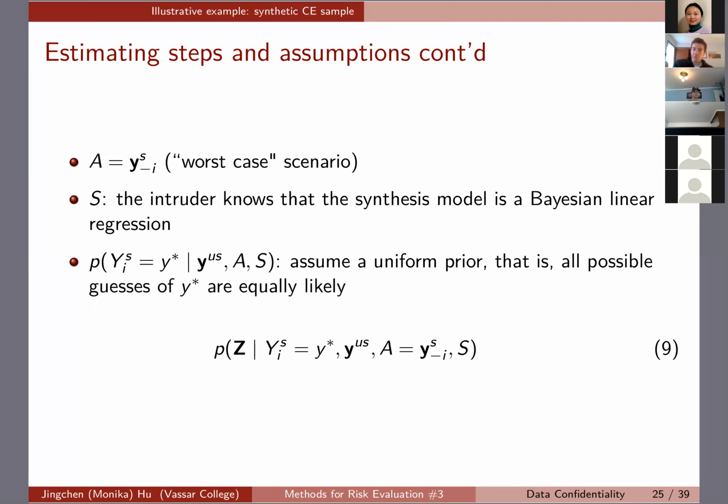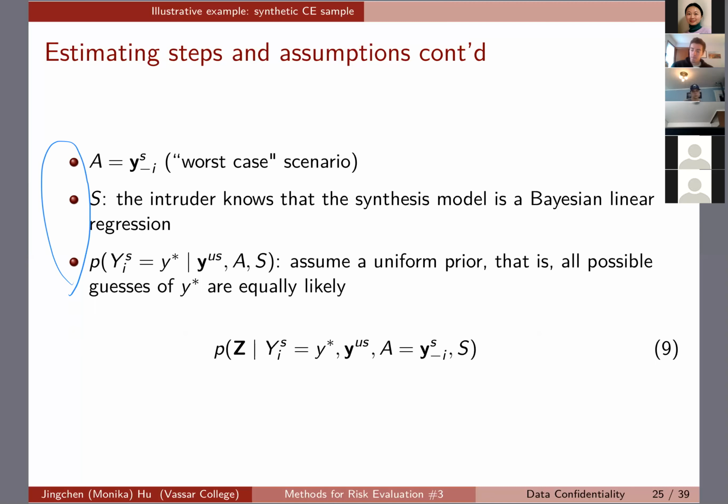So now we're left with this equation 9. That is the one that I was saying we're going to have to use importance sampling to deal with. The 3 bullet points here are about the other parts, about A, about S, and about that prior piece of the estimation process.